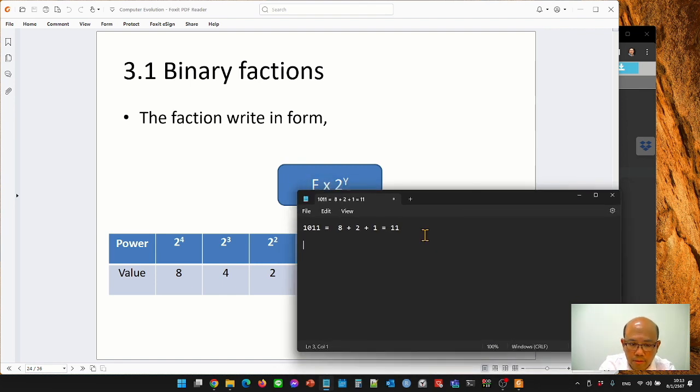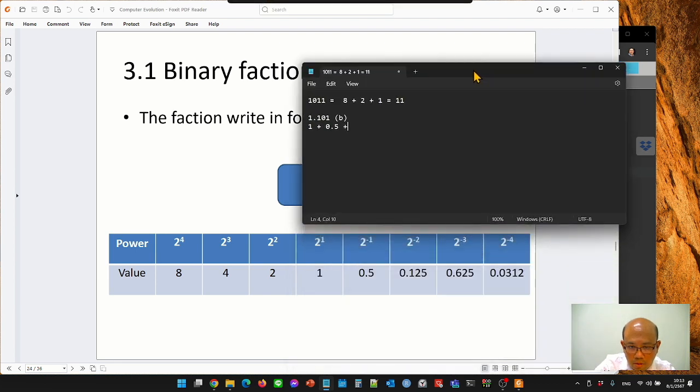For example, I write the binary number 1.101. So the output is 1 plus 0.5 plus 0.125, which is 1.625.